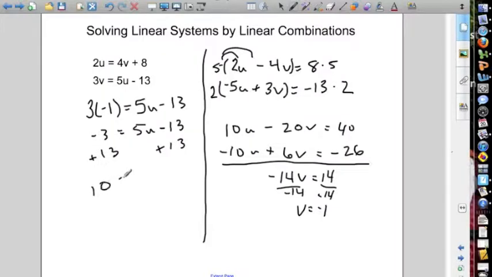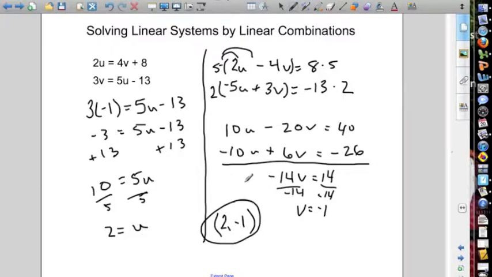I get 10 is equal to 5u. I divide by 5. I divide by 5. I now know that u is 2. Now remember, as we write this, we do need to write it in alphabetical order, and so in the alphabet it goes u and then v, and so I'm going to write this as 2, negative 1. And that is using linear combinations.